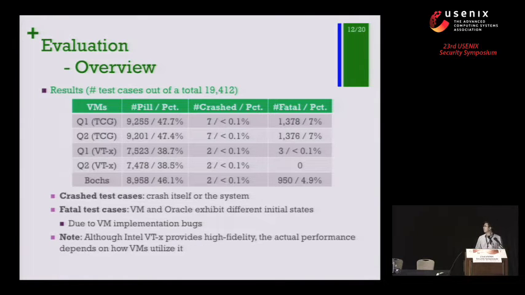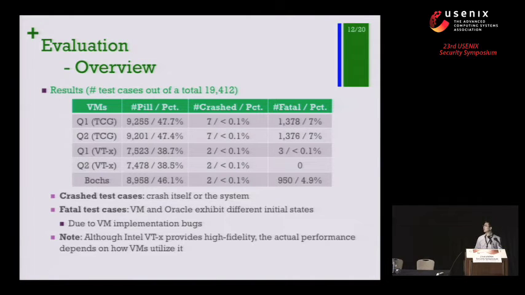Here is the overview of our results. The first column shows the different virtual machine versions. The second column shows the number of peers and the corresponding percentage out of the 20,000 test cases we have. The third column is the crashed test cases. This category means that these test cases crash itself or the system, so we have no way to save the final state, so we have to discard them.